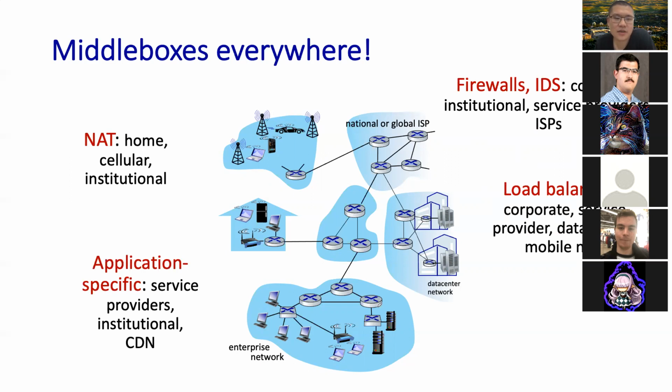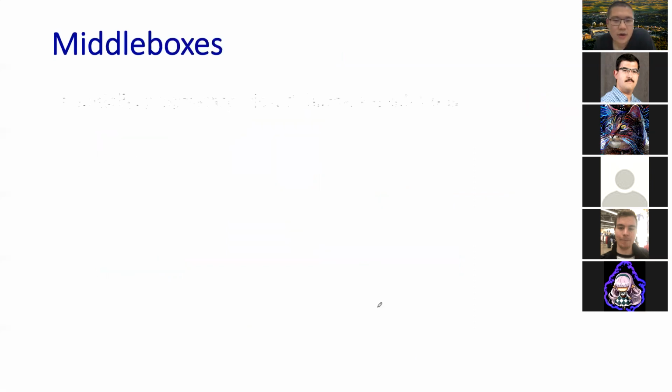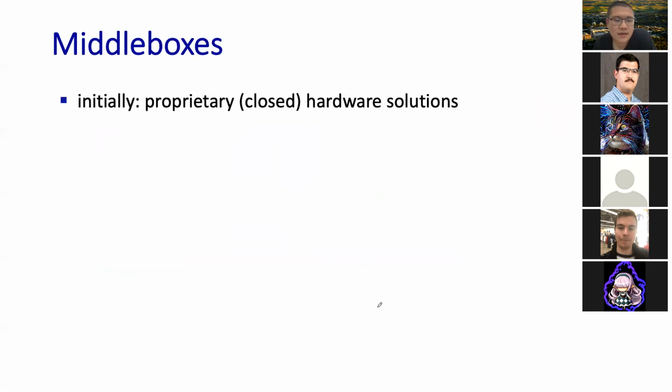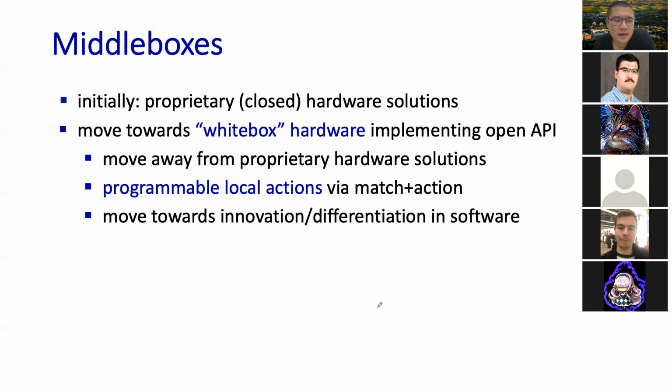All the other functions are middle boxes. Also caches. Okay, why do we talk about this? Because initially, as I mentioned, the functions were all based on hardware solutions, right? Now we are trying to move towards white box hardware implementation with open APIs, right? We move away from a hardware solution.